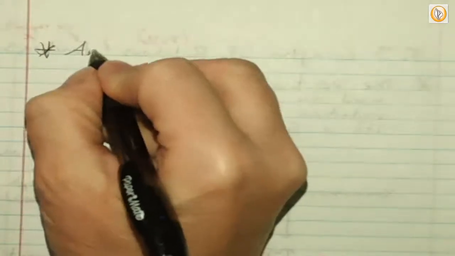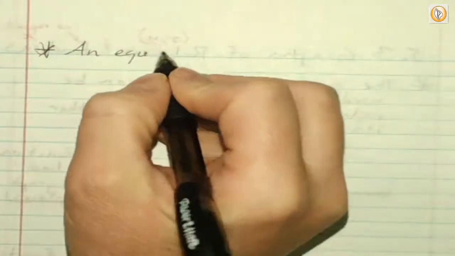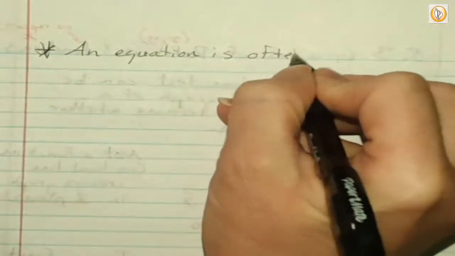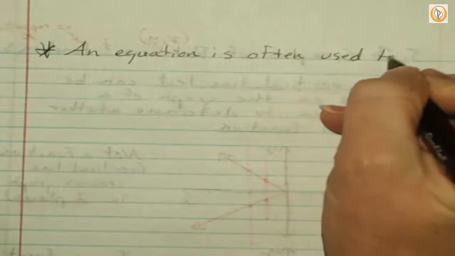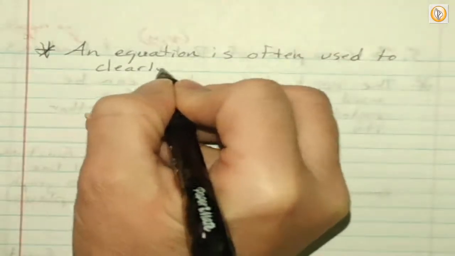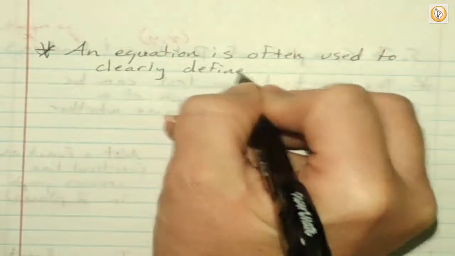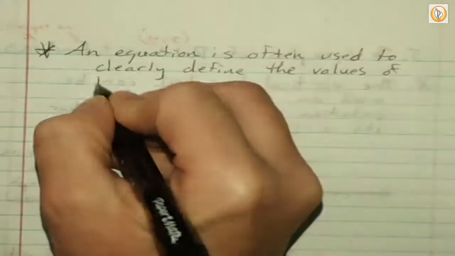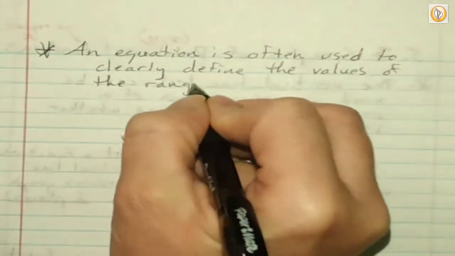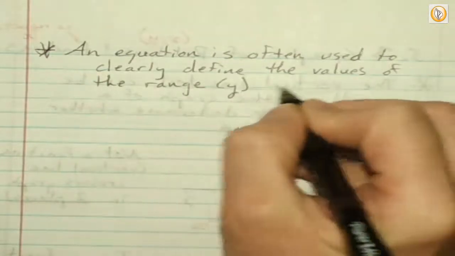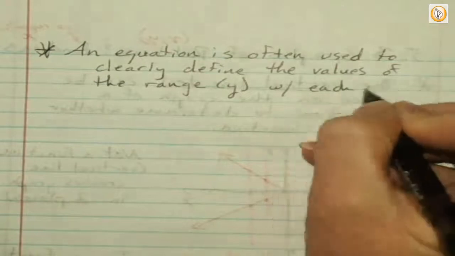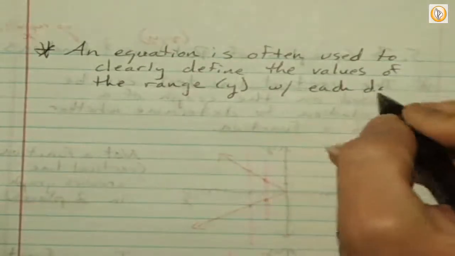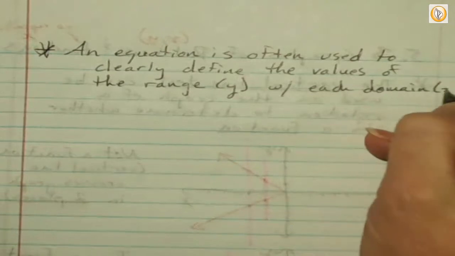Here we go. Another thing. An equation is often used to clearly define the values of the range, which is your y, with each domain, which is your x.